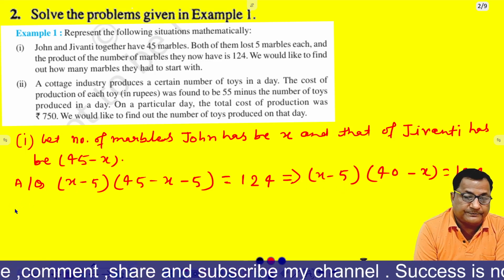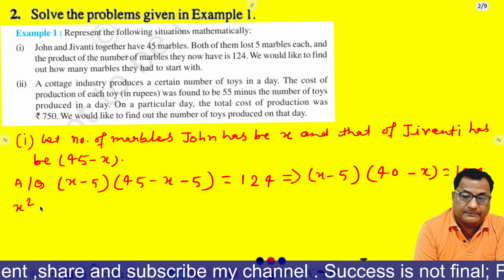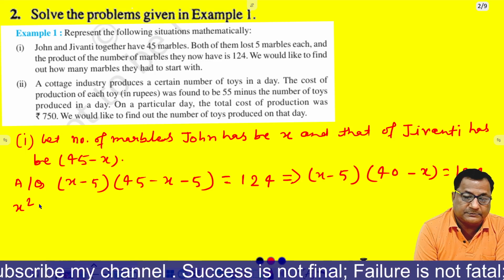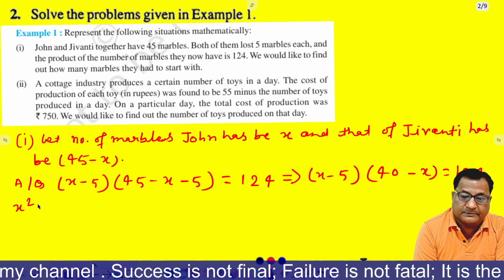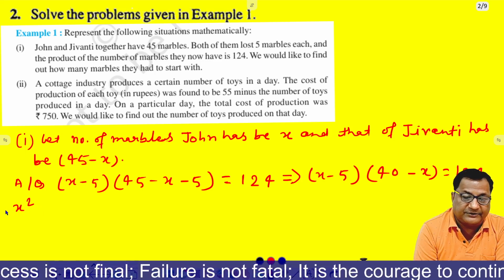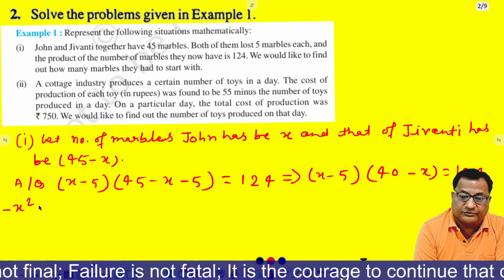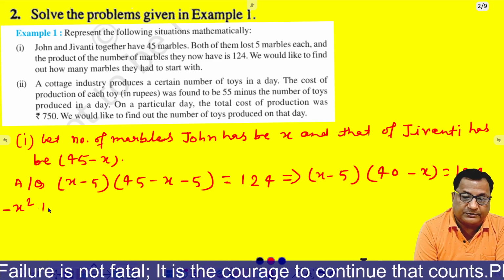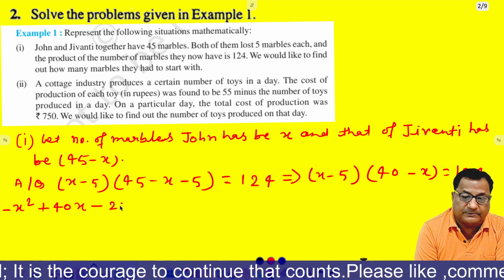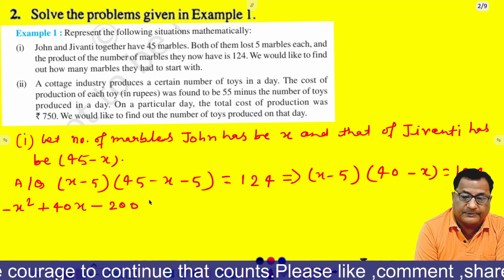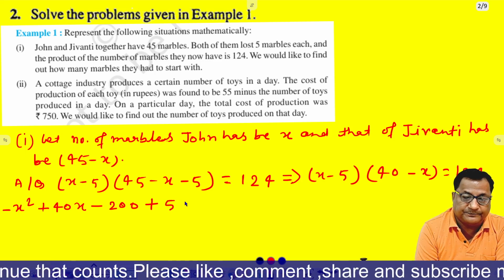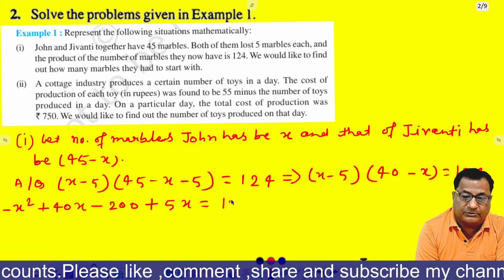If you multiply this, we get 40x minus x square minus 200 plus 5x is equal to 124.